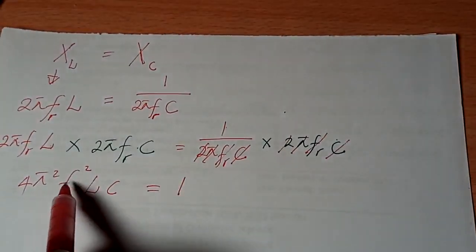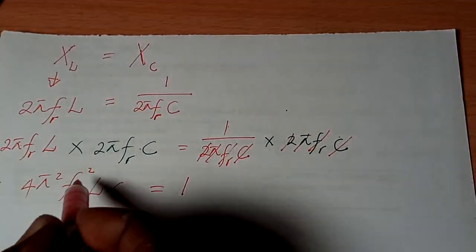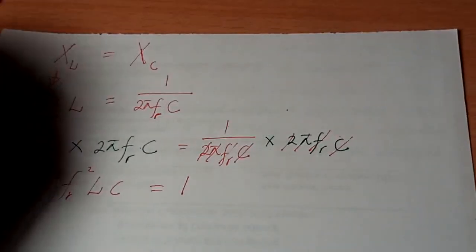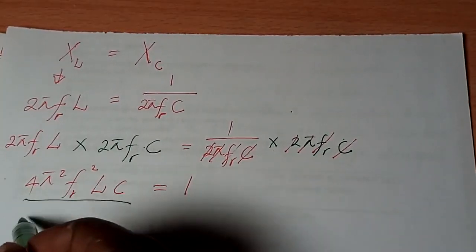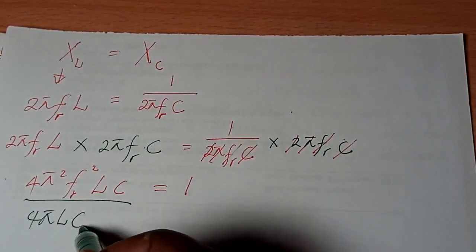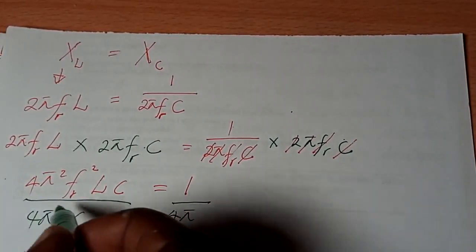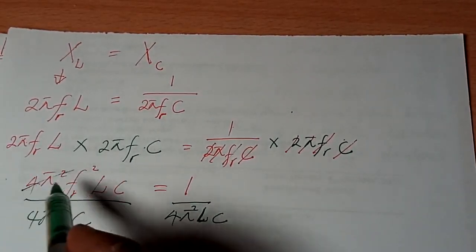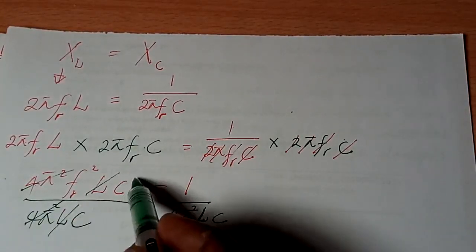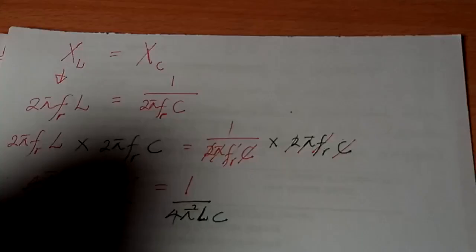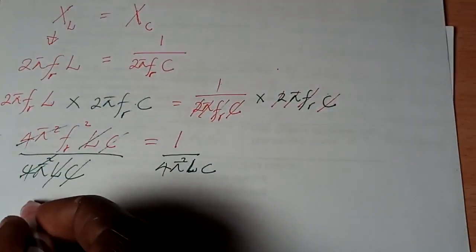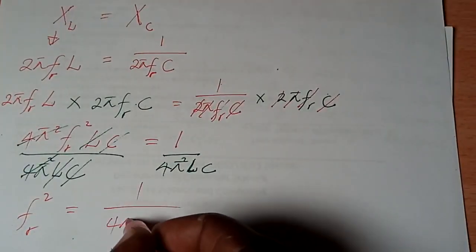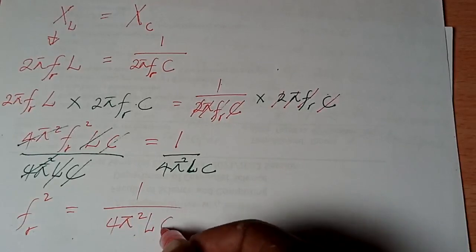Next, you divide both sides by the coefficient of F sub R square, which is 4 pi square LC. Clearly 4 pi square cancels 4 pi square, L cancels L, C cancels C, and then I have F sub R square equals 1 upon 4 pi square LC.